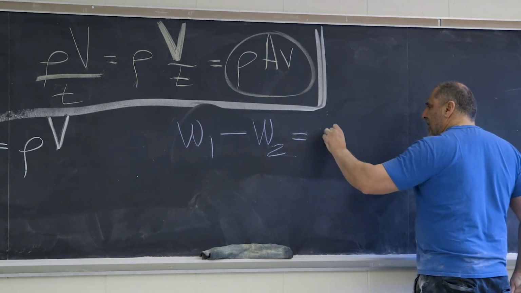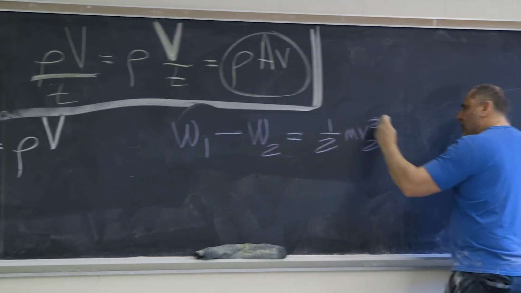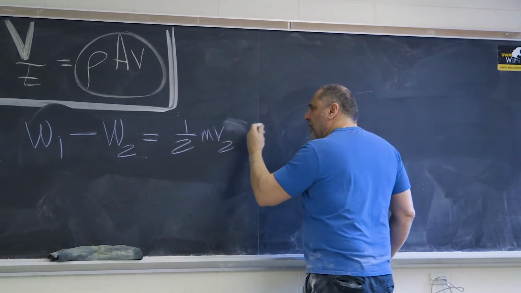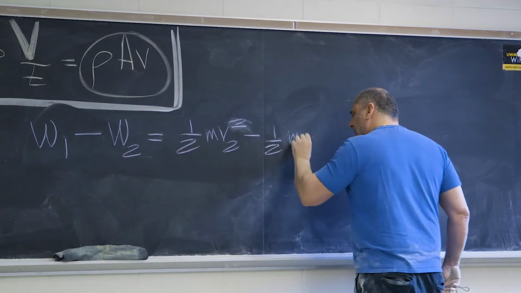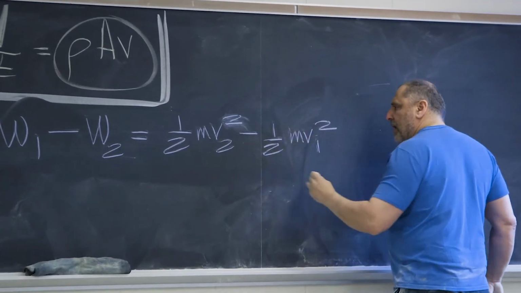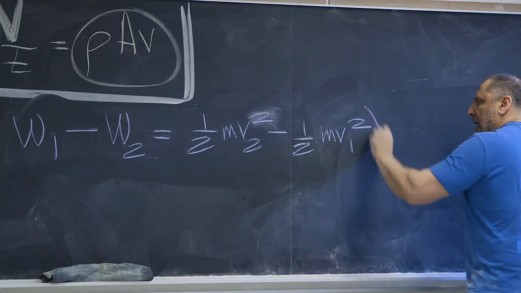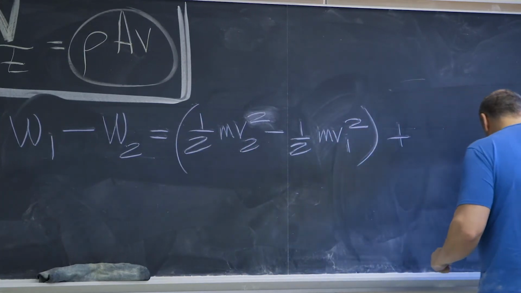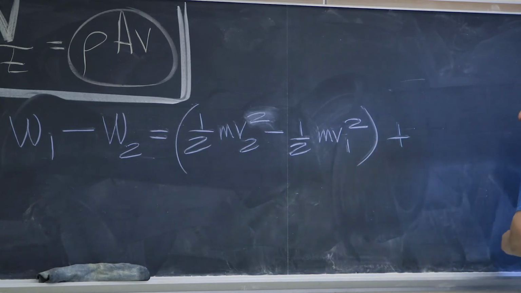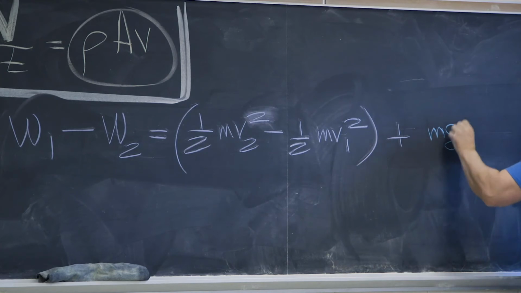There was 1/2 mass velocity 2 squared, minus 1/2 mass velocity 1 squared. In other words, the difference in the kinetic energy, plus the difference in the potential energy too.